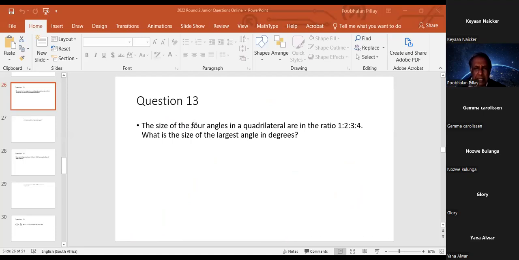Question 13. The size of the 4 angles in a quadrilateral are in the ratio 1:2:3:4. Now, ratios are very, very important.